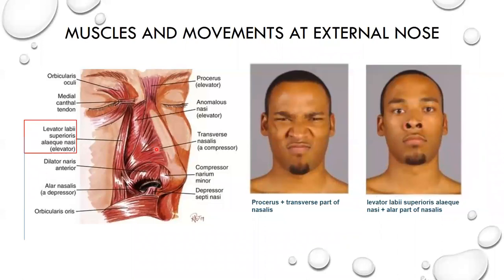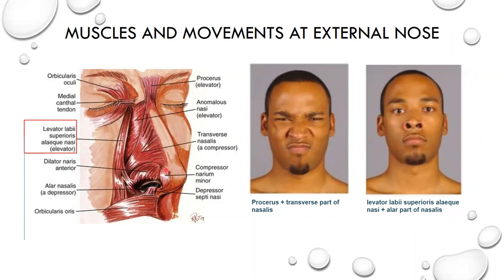What are the muscles and movements present at the external nose? These are all the muscles present in the external nose. You have procerus up here, nasalis, and the transverse part of nasalis up here.